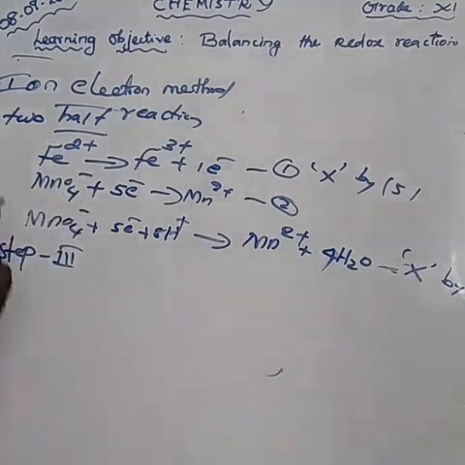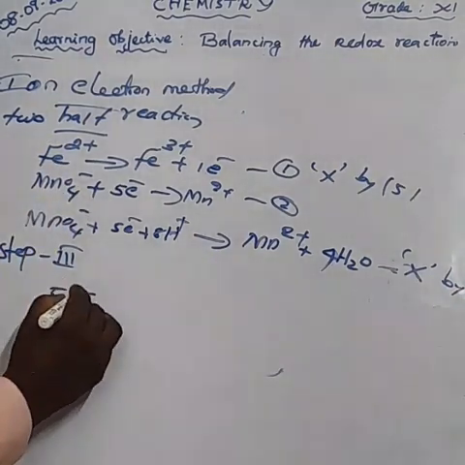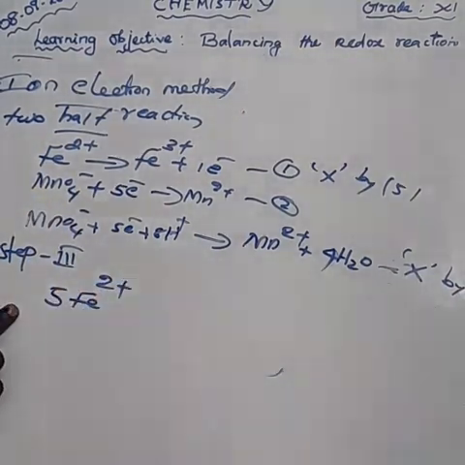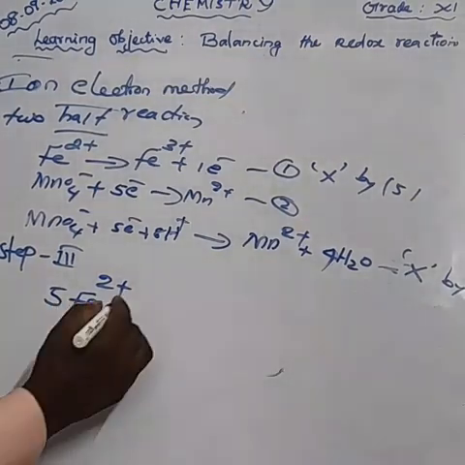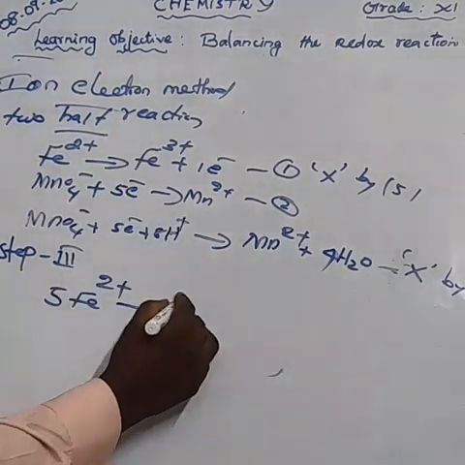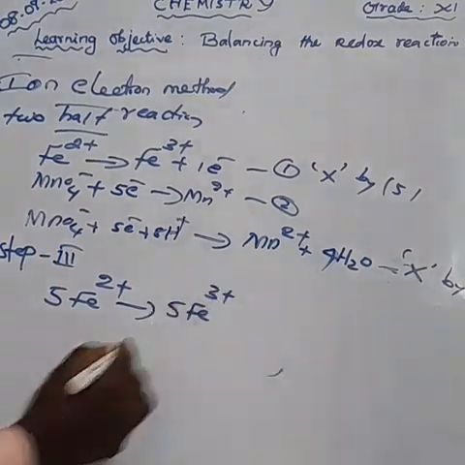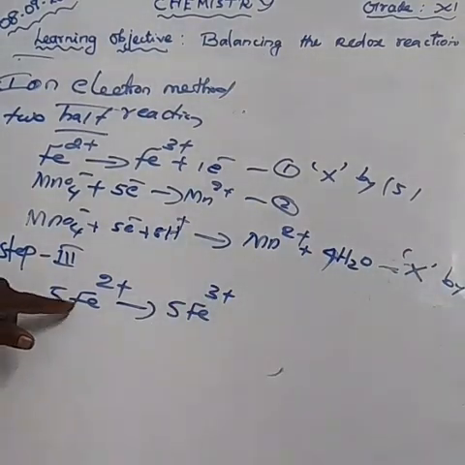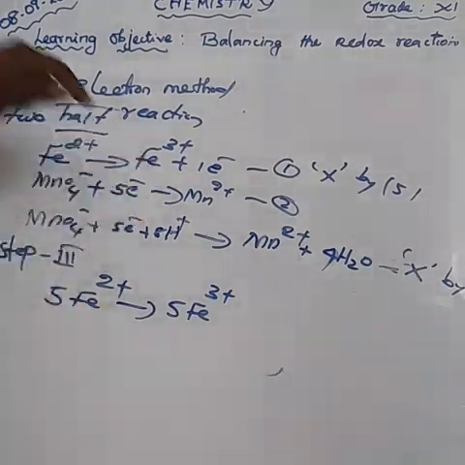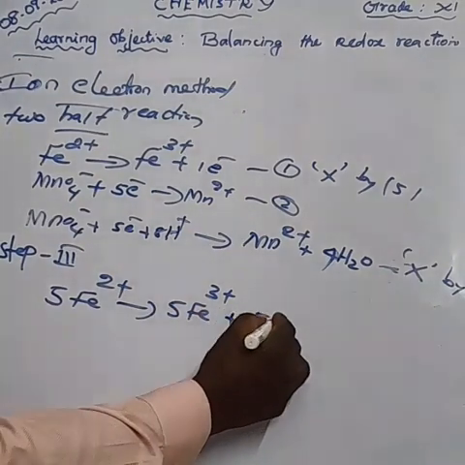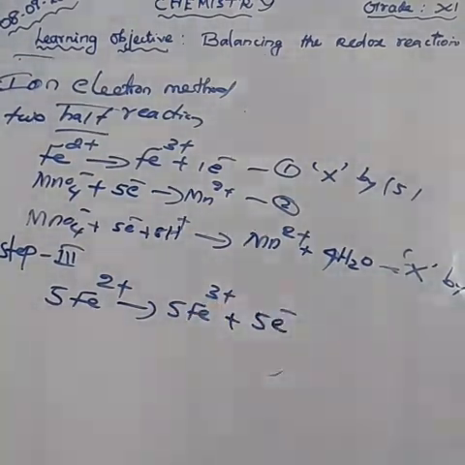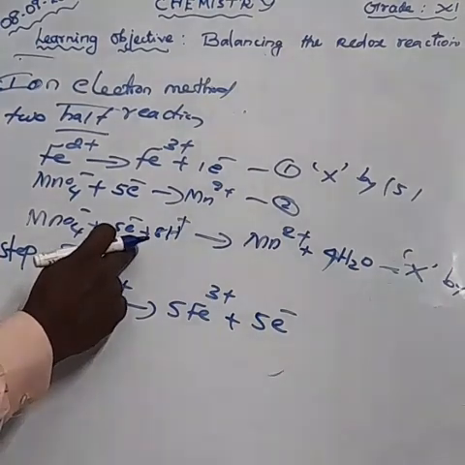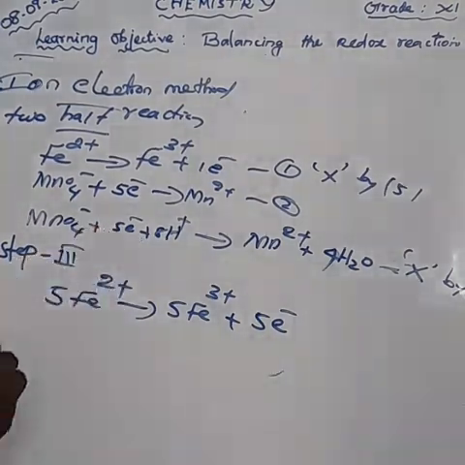First one multiplied by 5 means 5 Fe2+ gives 5 Fe3+ plus 5 electrons. Next, this is multiplied by 1. So what's the answer?